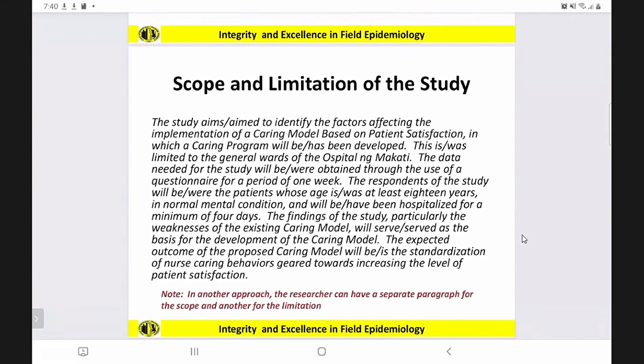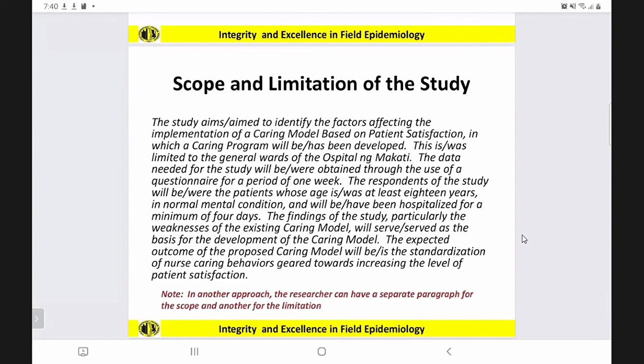Good morning, Doc. The study aimed to identify the factors affecting implementation of the caring model based on patient satisfaction, in which a caring program will be or has been developed. This is or was limited to the general wards of the Hospital ng Makati.